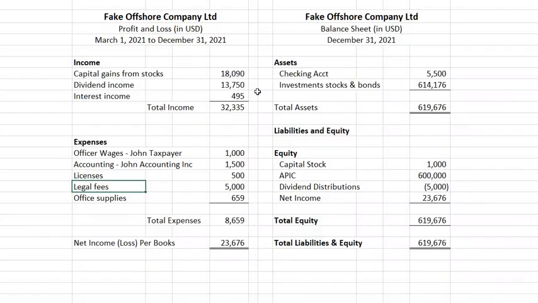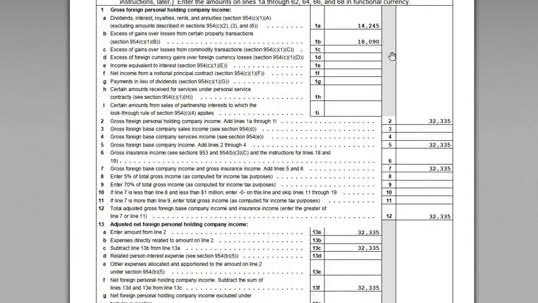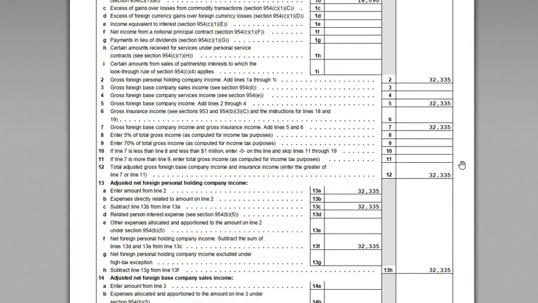From the financial statements, we have capital gains from the stocks, and the combined dividend income and interest income, and those values are placed here as the gross foreign personal holding company income. Remember, we're reporting the gross income amounts, not netting them of any expenses. So we foot everything down here, line 2, combine lines 1A through 1I, and we get $32,335 in gross foreign personal holding company income.